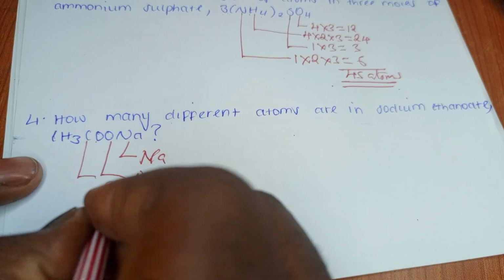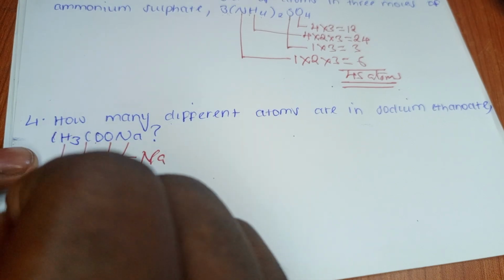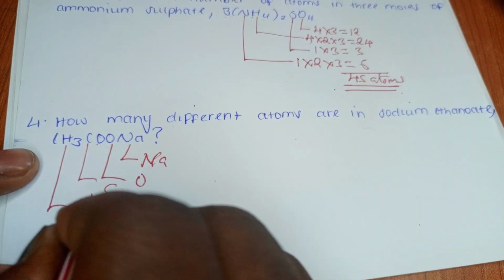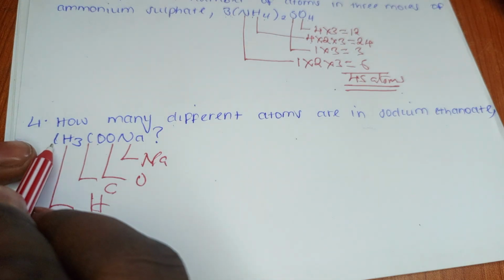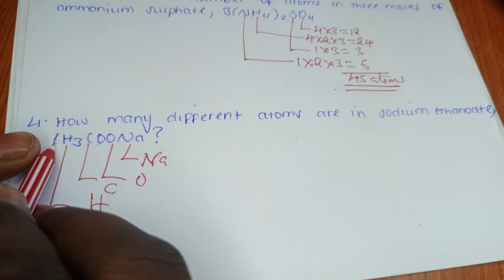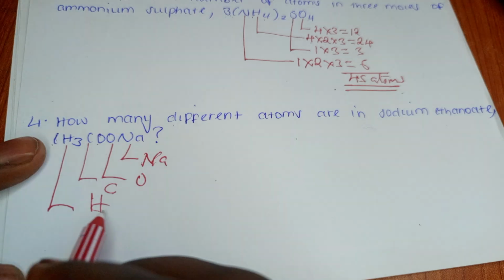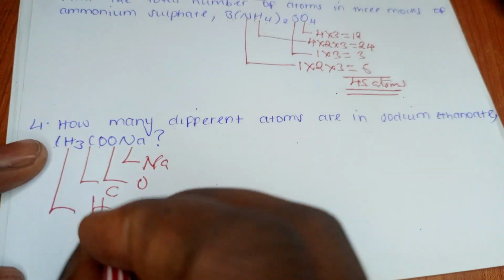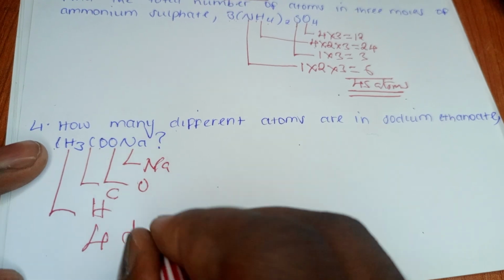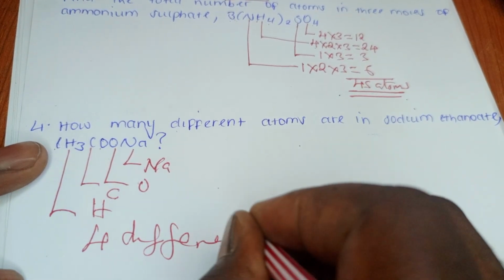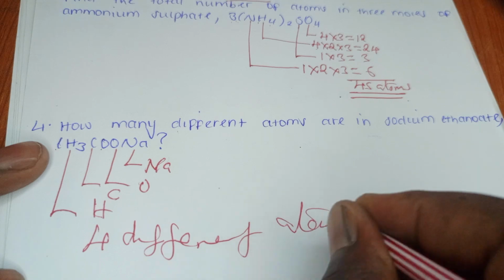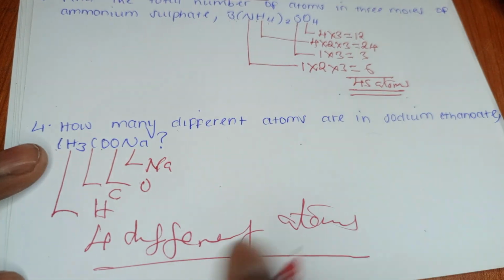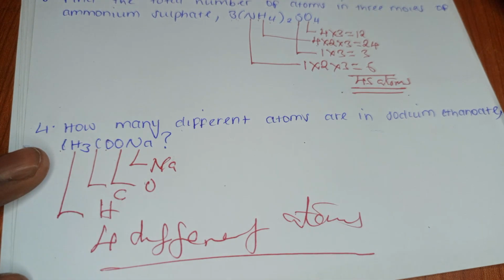We also have carbon here, also hydrogen here. This is carbon as well. Since carbon is already counted, we're going to ignore it. So the different atoms here, we have 1, 2, 3, 4. So we have 4 different atoms.